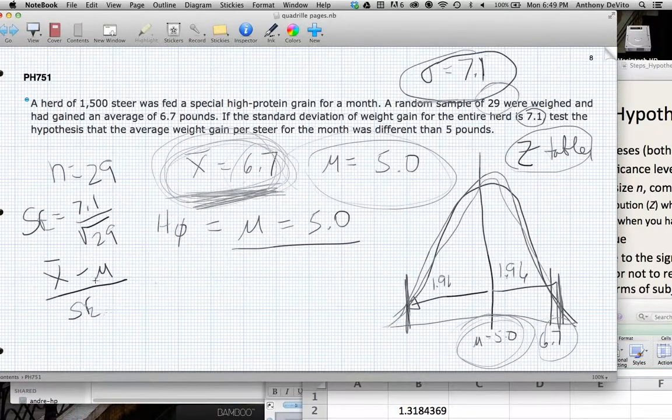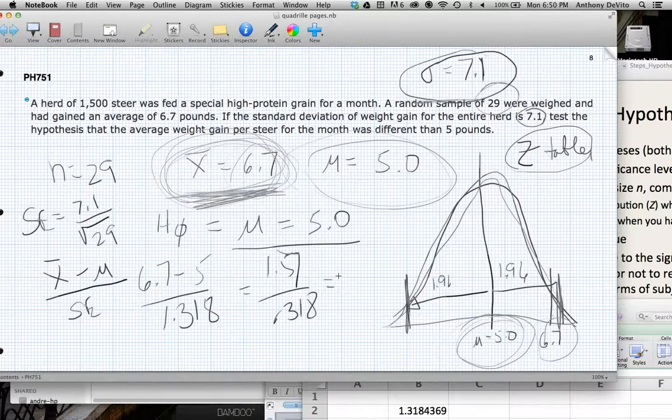Okay, so now x minus mu is how much? X is 6.7 minus 5 over 1.318. I'm going to let you get away with rounding to 3 decimal places. It's 1.7 over 1.318.